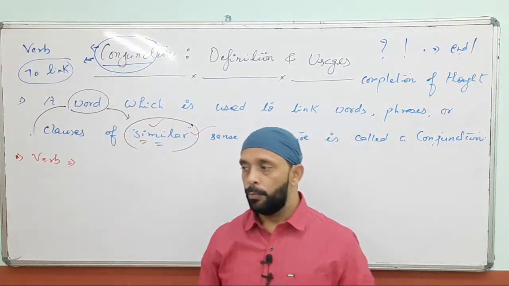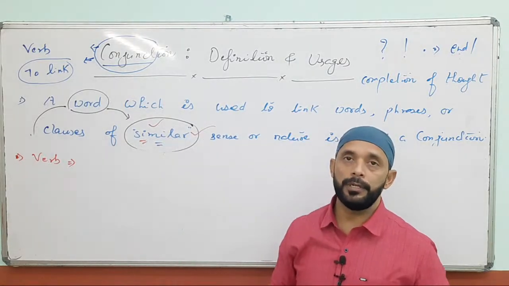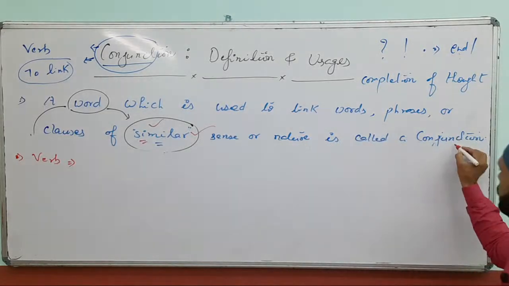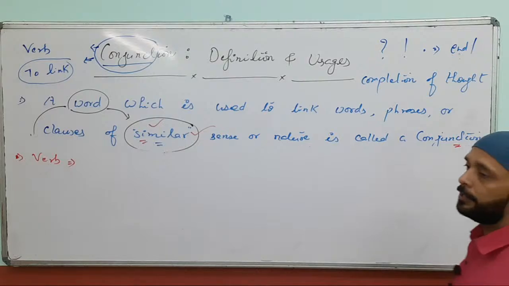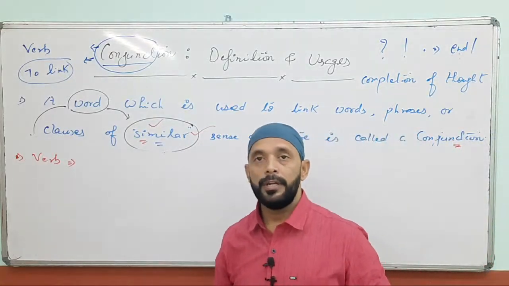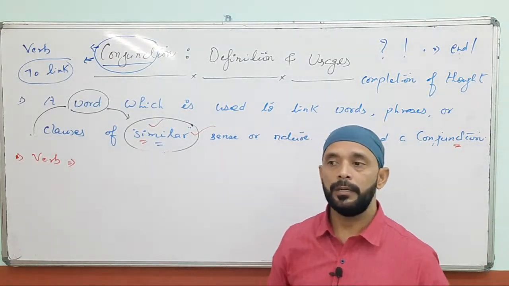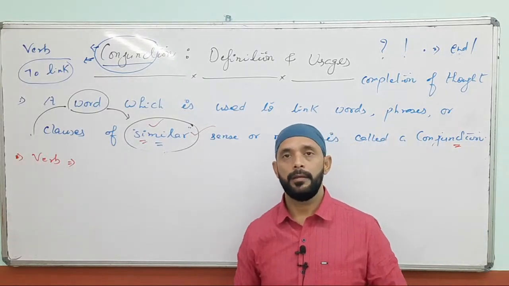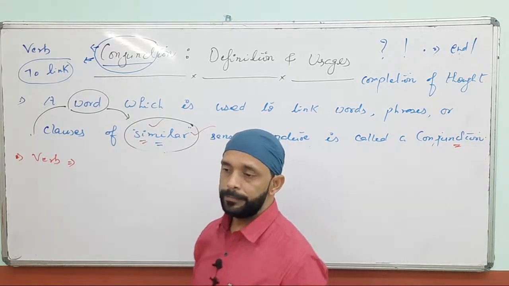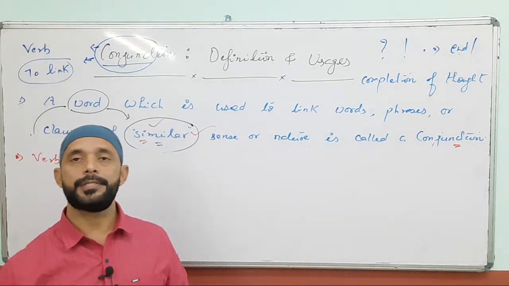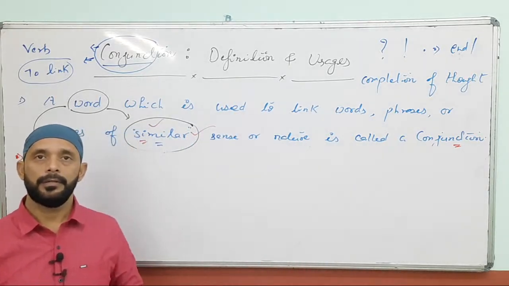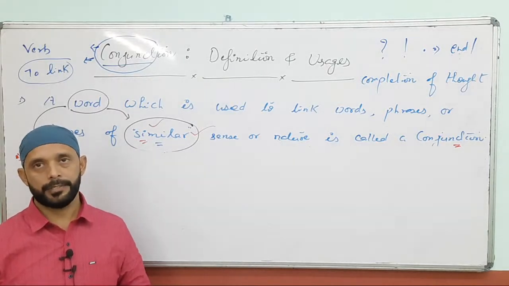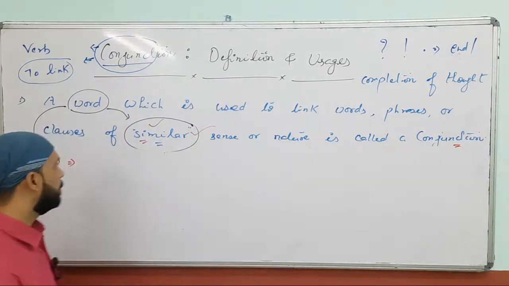When a verb is to be linked by a conjunction, because a conjunction is here to link verbs, similarity means its nature, its number, and its tense.